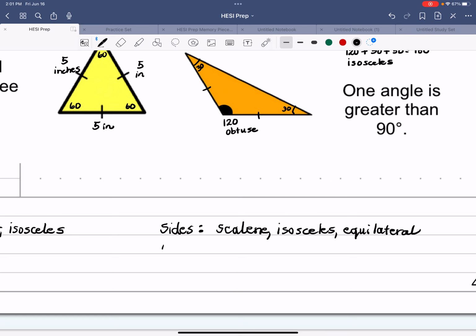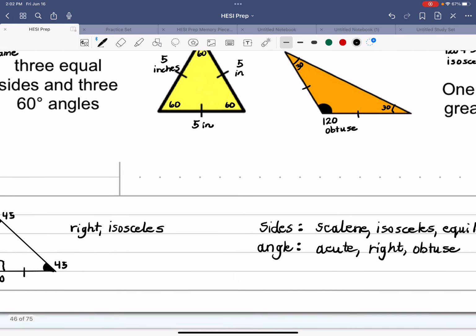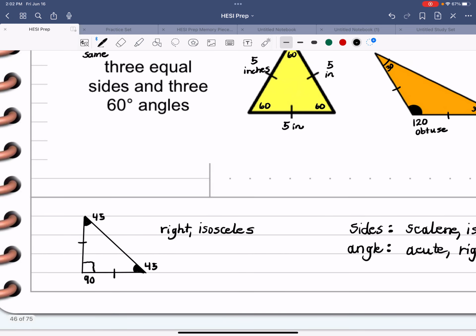If you want to name them by angle, you would either have all acute angles, less than 90. You can have a perfect right angle, or you can have one angle that's more than 90. So you can name a triangle by the sides, by the angles, or by side and angle, like we did with this one. This is by side, and this is by angle.